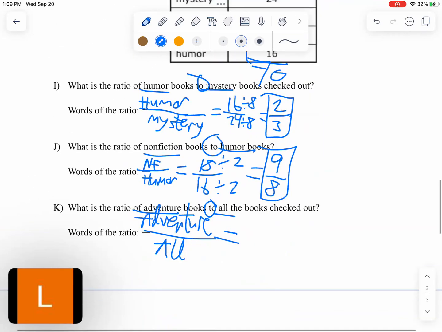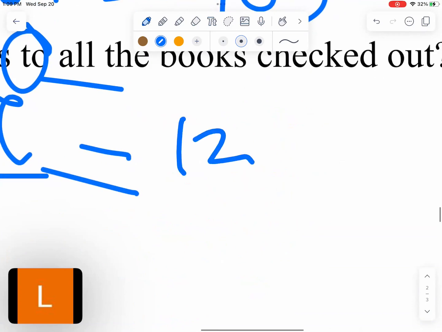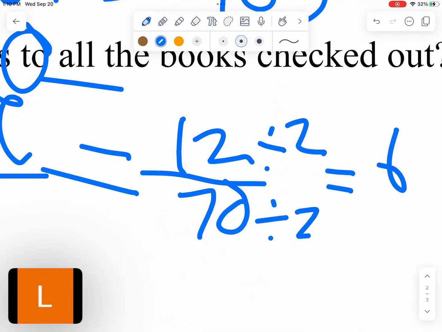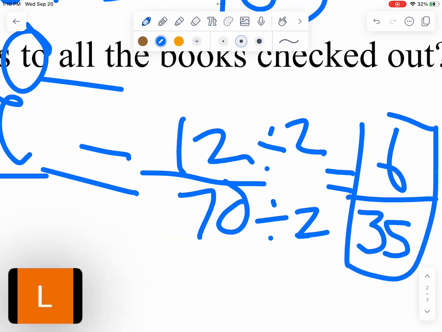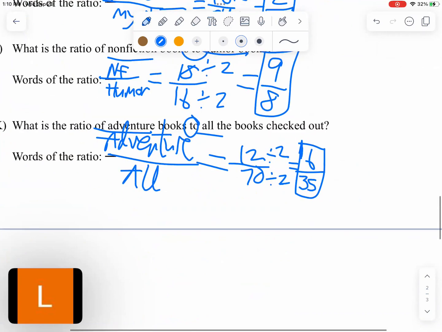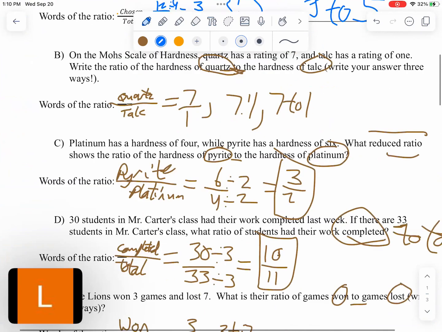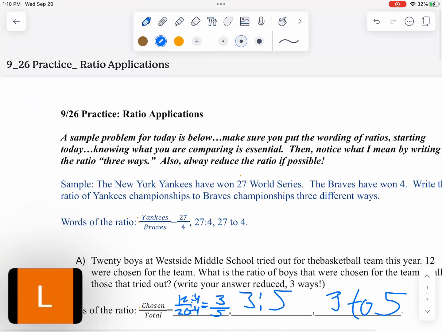And adventure was 12. So we have 12 to 70, and you can reduce that by 2. So it's going to be a 6 to 35 ratio. Okay. And that is it. So make sure you have all that work shown, and then turn that assignment in on 9/26.